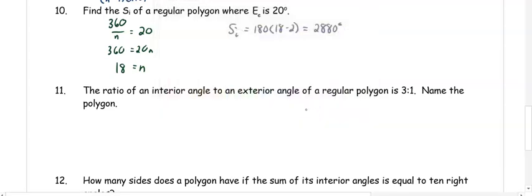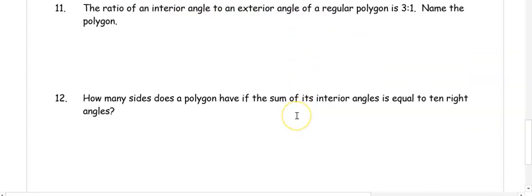In number 11, find the ratio of an interior angle to an exterior angle. The ratio of an interior angle to an exterior angle is 3 to 1. Name the polygon. So we know that the interior angle is 3x, the exterior angle is x. So we have to find what that equals first. So 3x plus x equals 180, or 4x equals 180, x is 45.